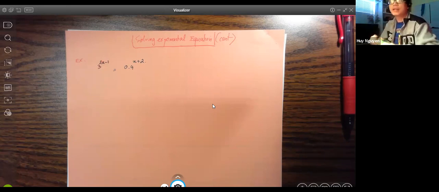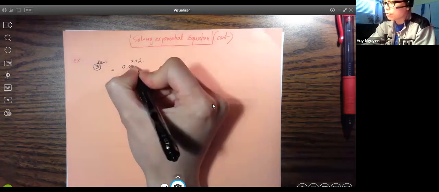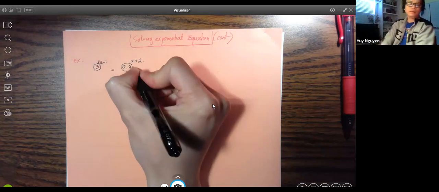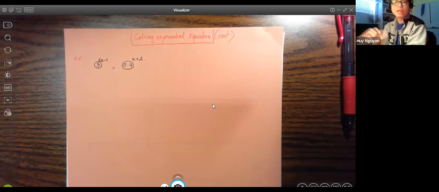Look at the base on both sides. One of them is 3, another one is 0.4. If we think about using the first method, the equivalence property, we must be able to convert one base to the other base, then set the exponents equal to each other. However, this is 3 and 0.4.